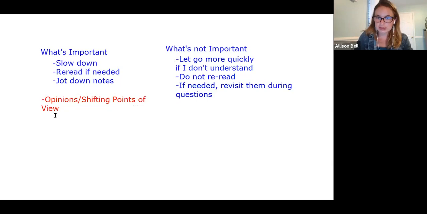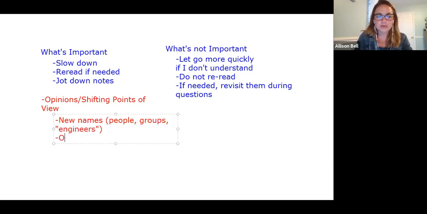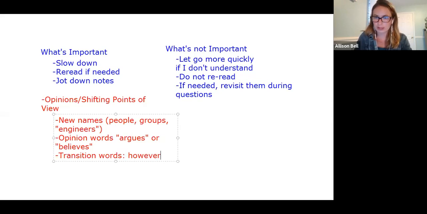So the 3 biggest things I will put here are new names, of specific people, of groups of people, of titles like engineers, say, and then I look out for opinion words, things like argues or believes, and I look out for transition words, words like however or thus.